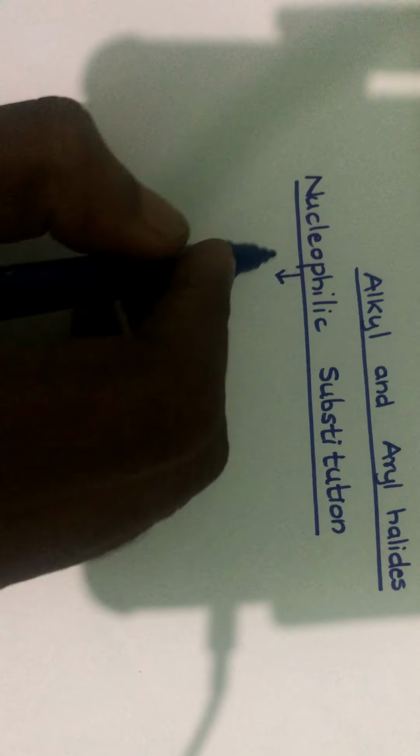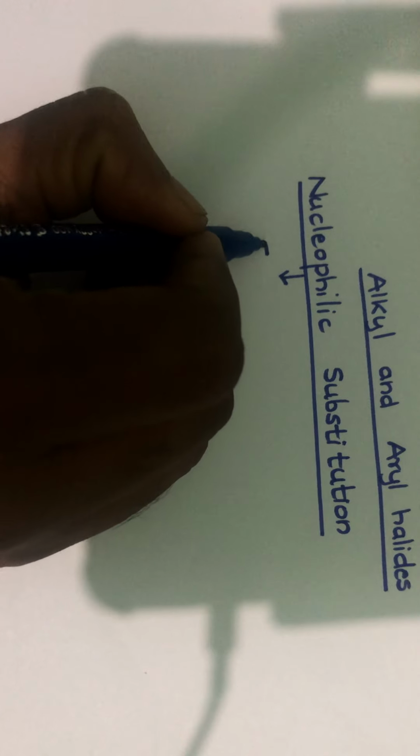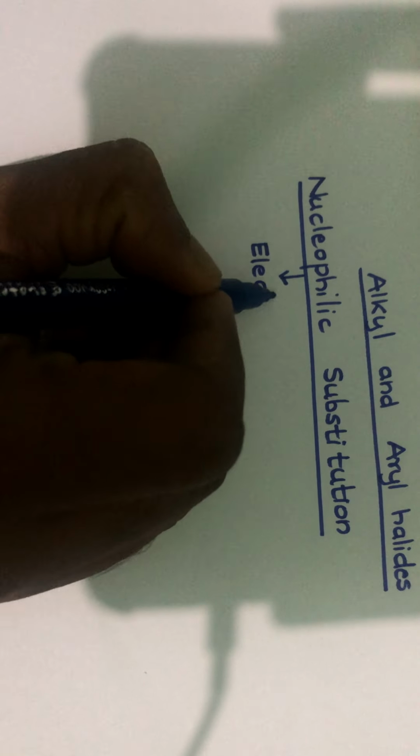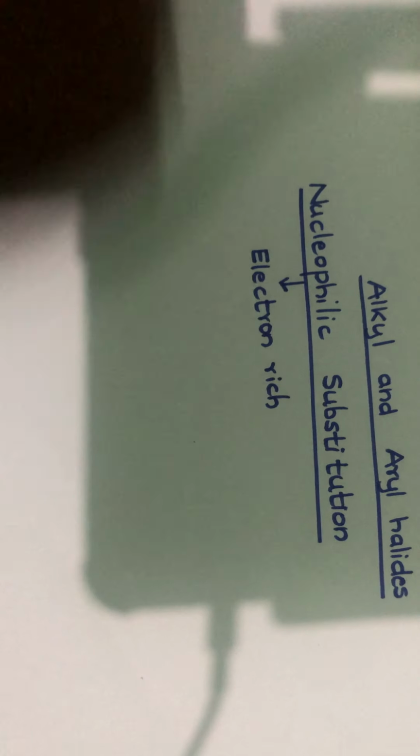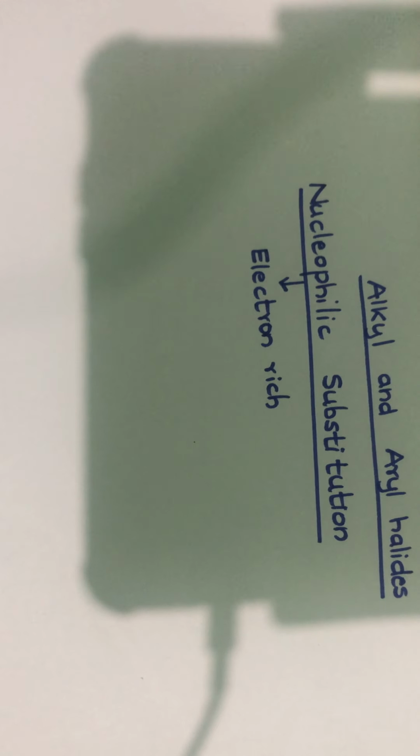So nucleophiles are generally electron rich species. Electron rich centers are called nucleophiles. So a nucleophilic substitution reaction involves the replacement of an atom or a group of atoms by a suitable nucleophile.